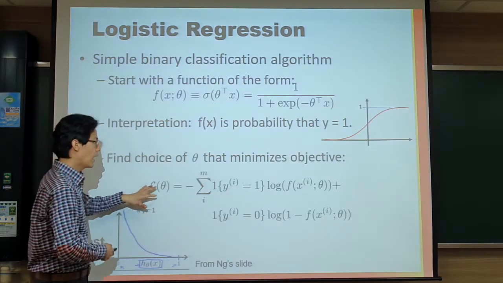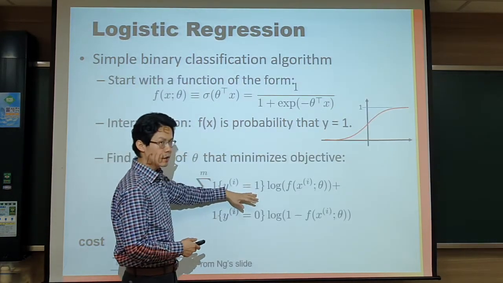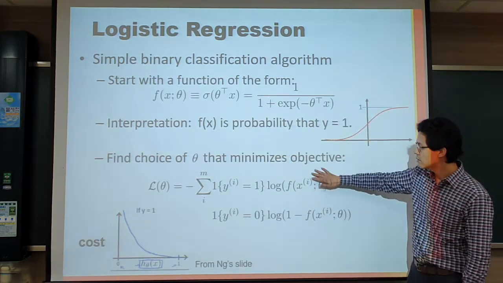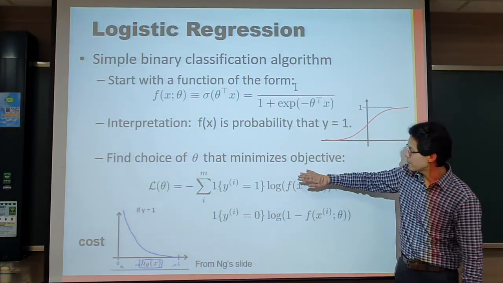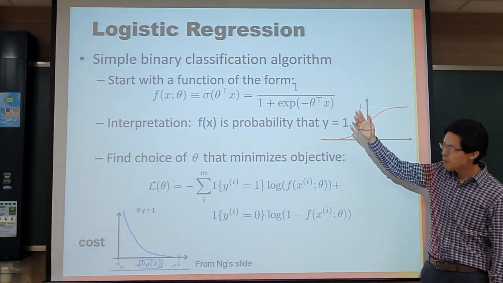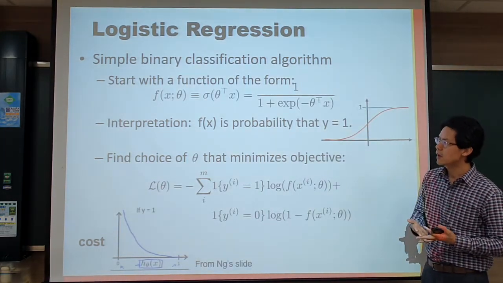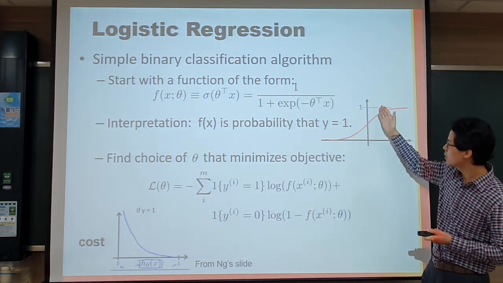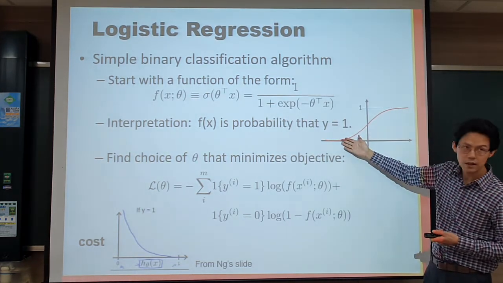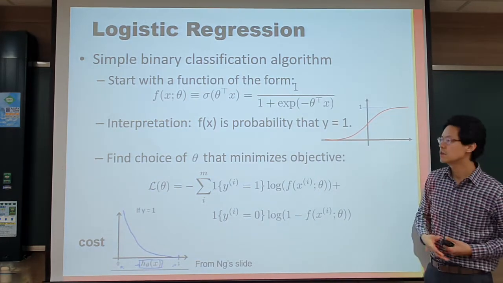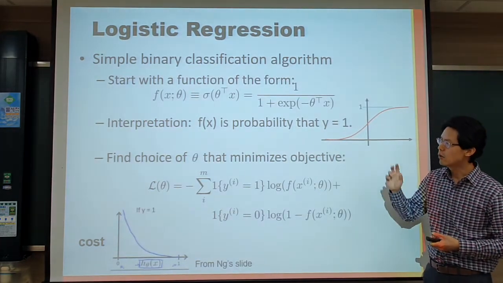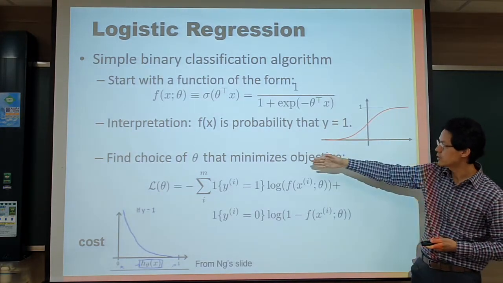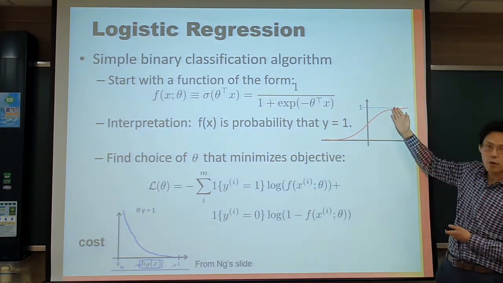In that case we know it's a cat, so we should learn the theta value in a way that the f function returns a probability of 1. But initially we may not get the exact probability of 1. We may get some low probability, right? Then we need to teach the machine that that's not good. You should update the theta value so that in the true cases you return a probability of 1.